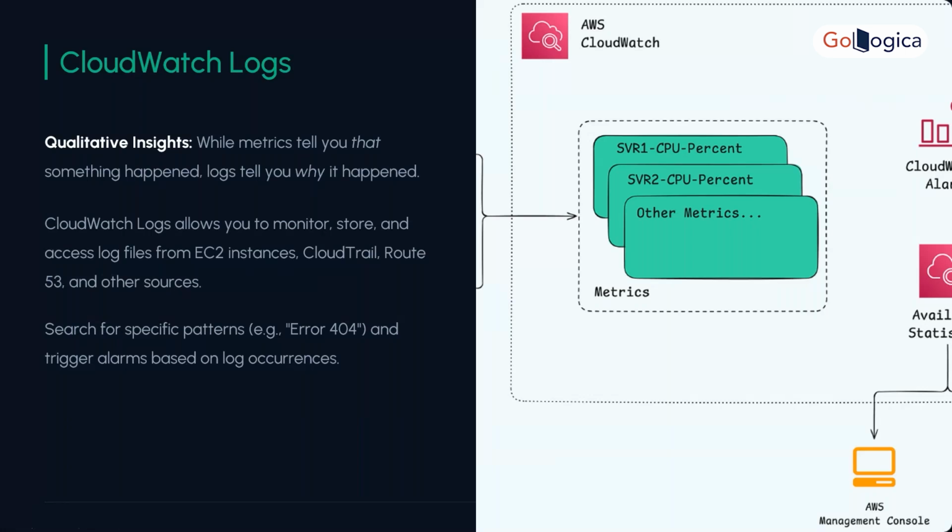Whenever we push logs to CloudWatch, we can raise an alarm when a threshold you have set is breached. For example, if you find the keyword error 404 more than 5 times in the log file, you can trigger an alarm to notify the admin that these keywords are appearing multiple times, more than the threshold you set.